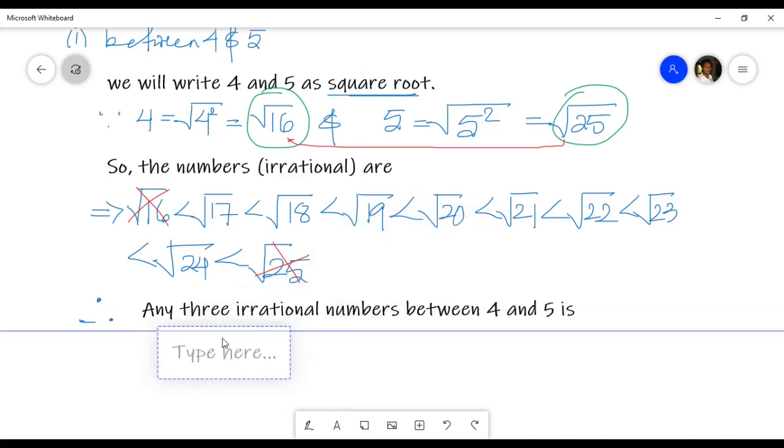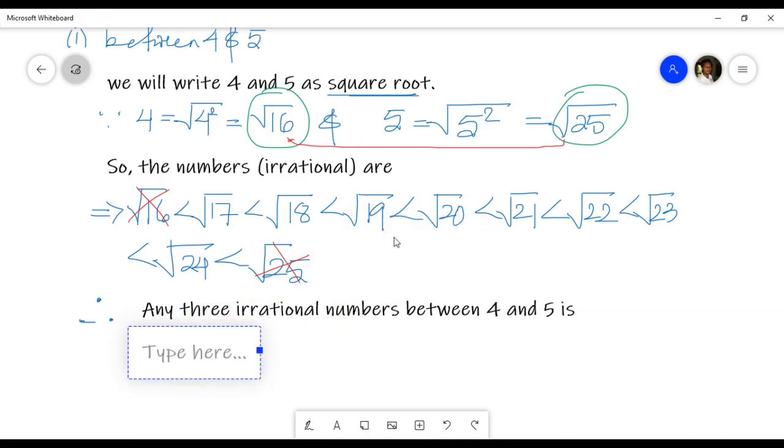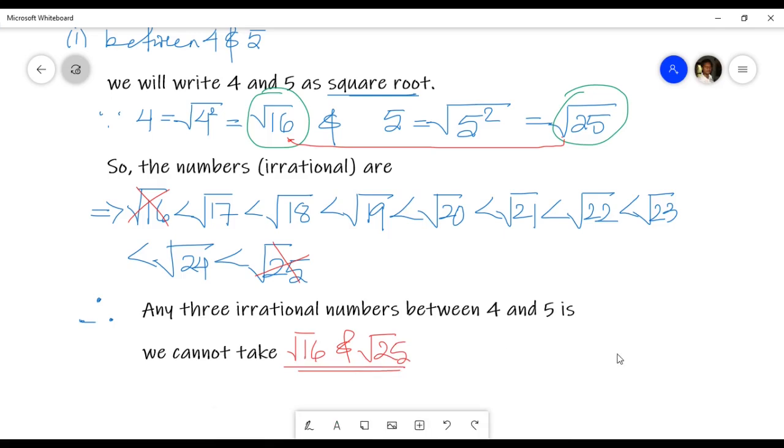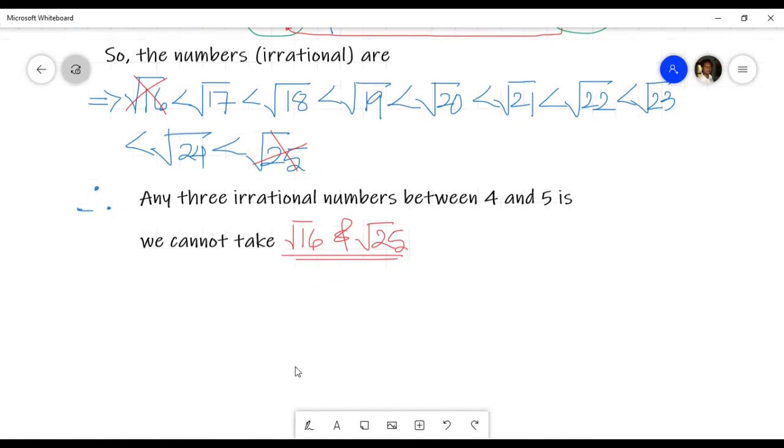So we will not use root 16 and root 25, of course, because root 16 is 4 and root 25 is 5. We cannot take root 16 and root 25, or any other number that is a perfect square.